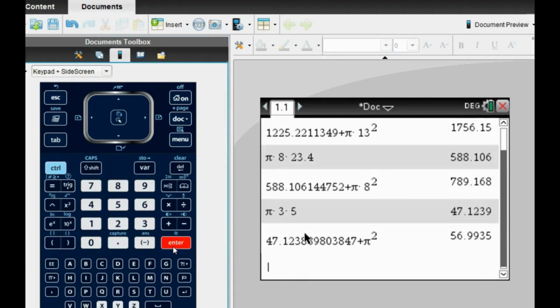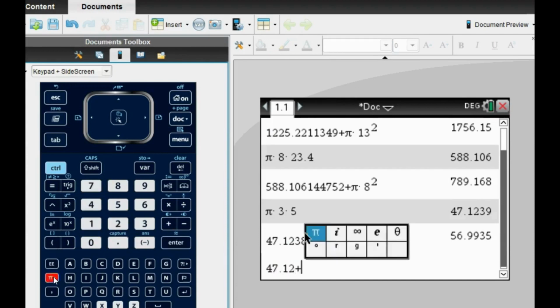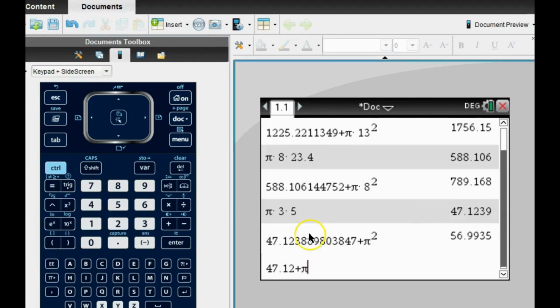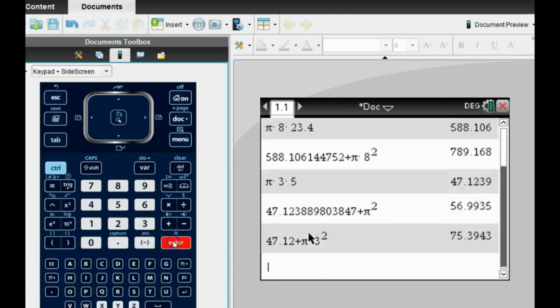No, wait, what happened here? Let's back up. 47.12 plus pi 3 squared. There we go. Okay, 75.39.